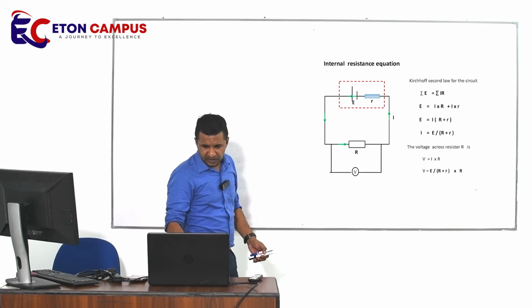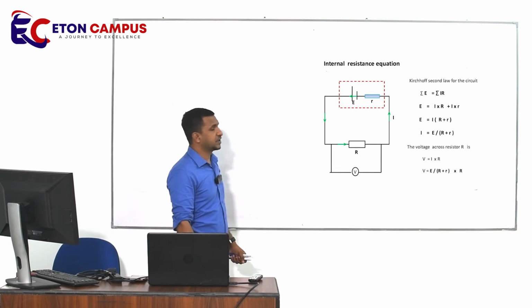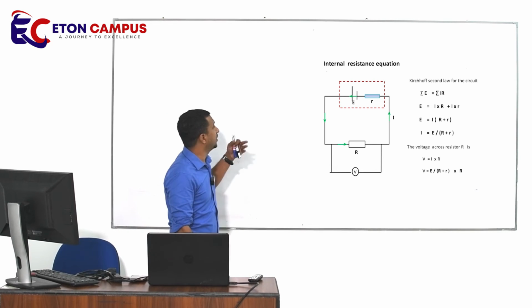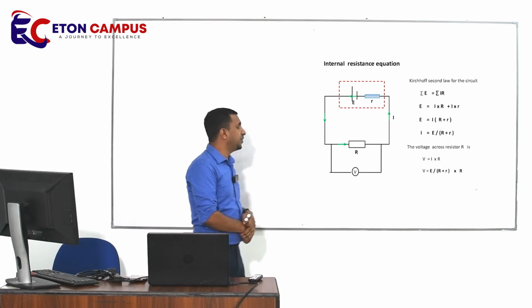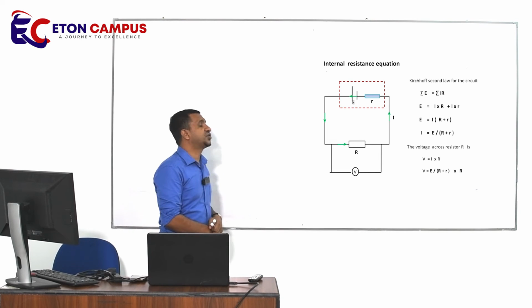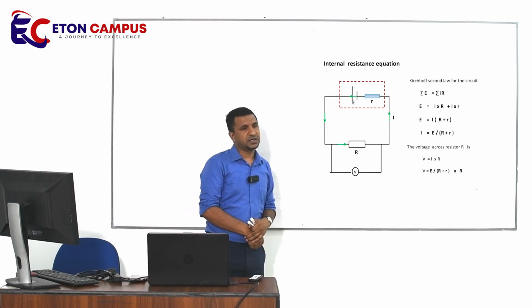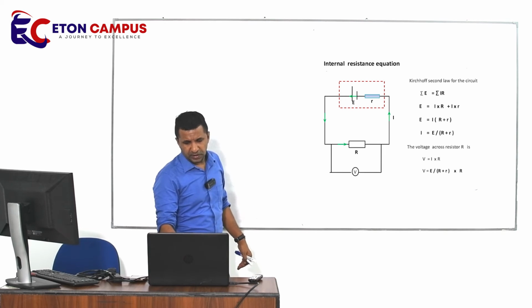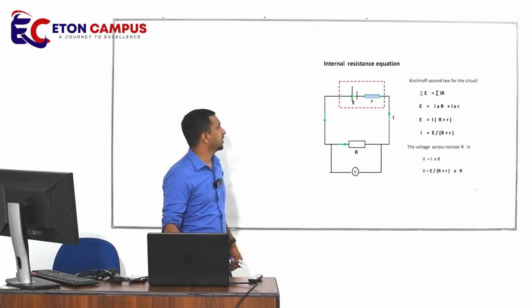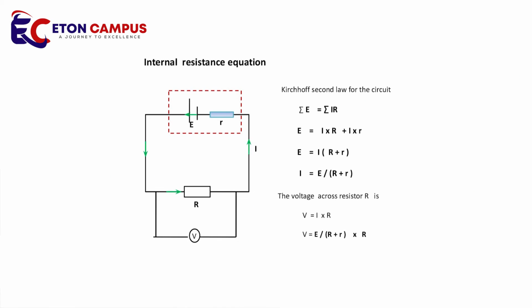Let us use Kirchhoff's second law, or Kirchhoff's voltage law: sigma E equals sigma IR for the complete circuit.